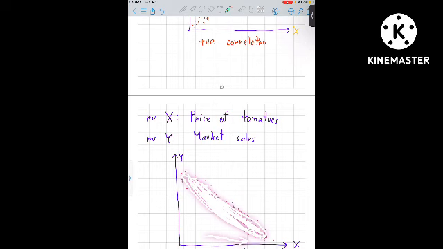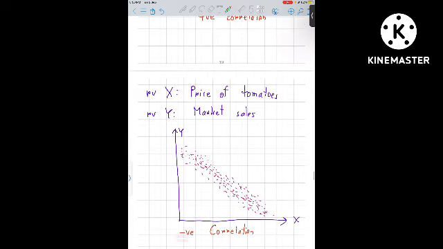This is something that we talk about from a statistics point of view: you have two random variables and how closely they are correlated. You have another case that is zero correlation, where two random variables may not make any sense together.